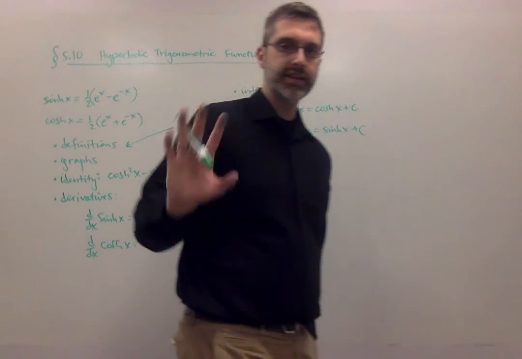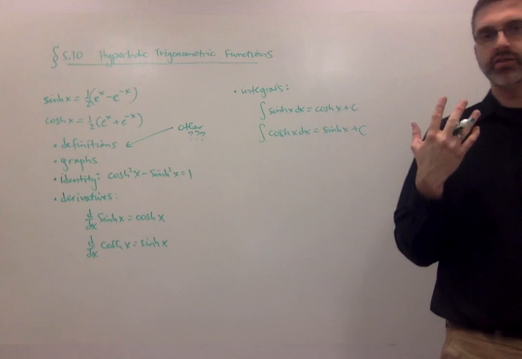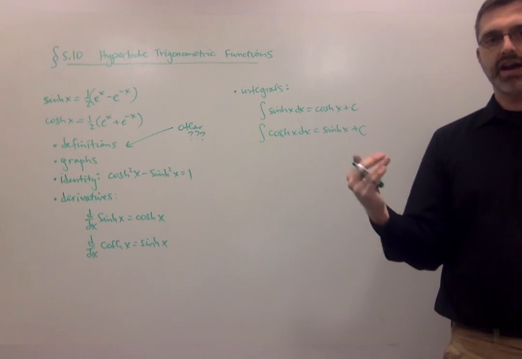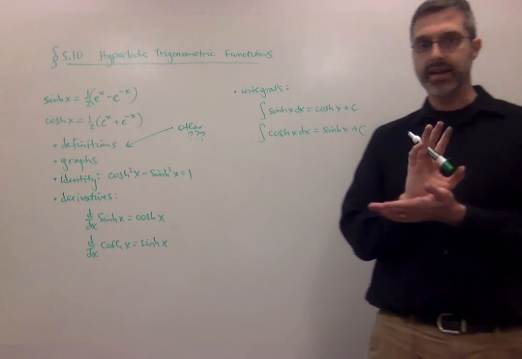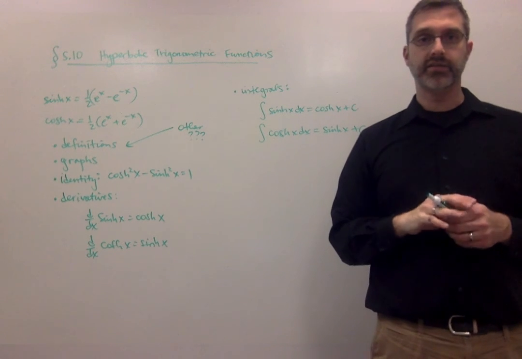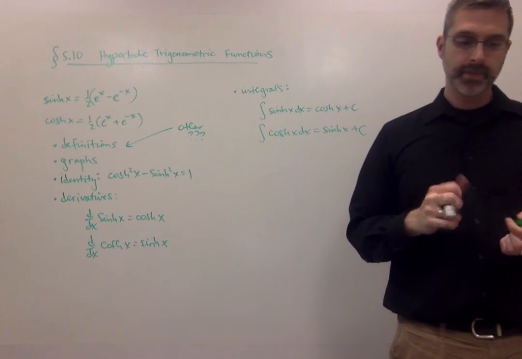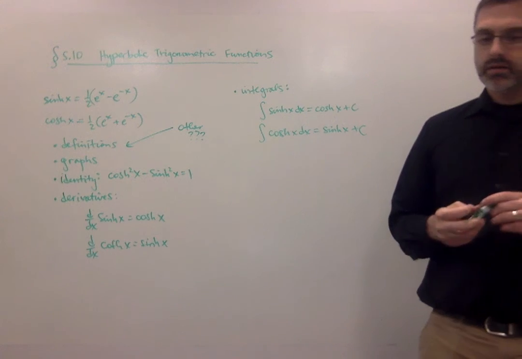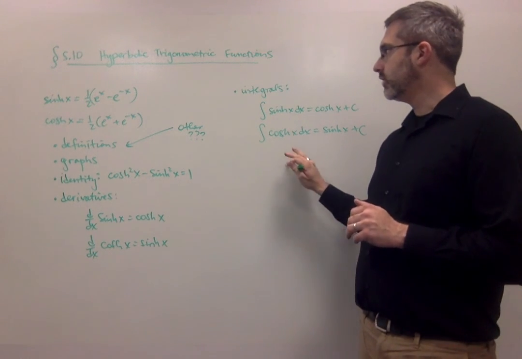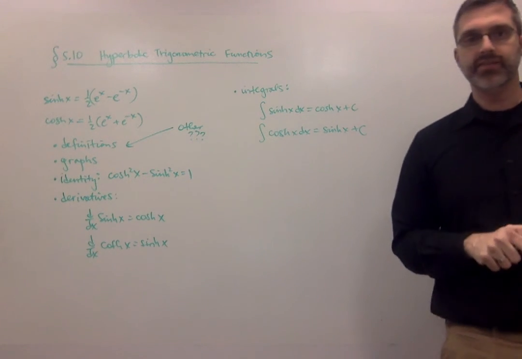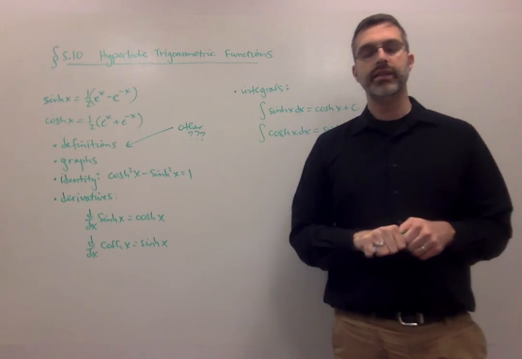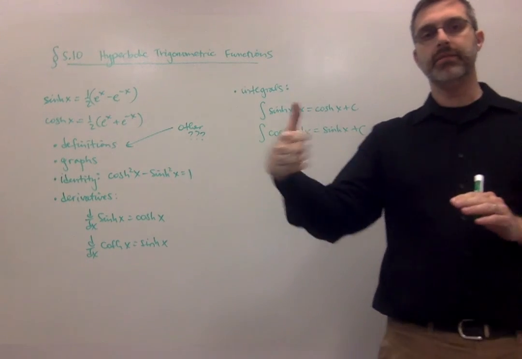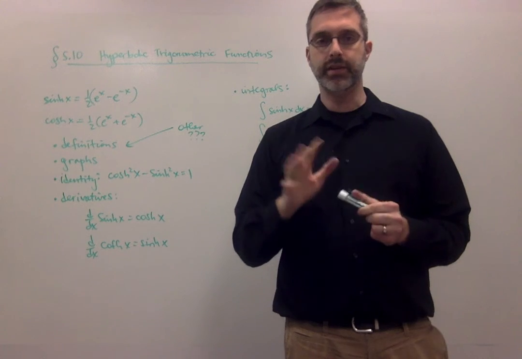Okay, so anytime outside of derivatives and integrals that somebody's talking about sinh and cosh, usually convert them back into their e to the x and e to the minus x forms. Okay, that should give you what you need for hyperbolic trig functions. They won't come up immediately, but they may come up a little bit later, and when they come up, I don't want them to be a surprise.